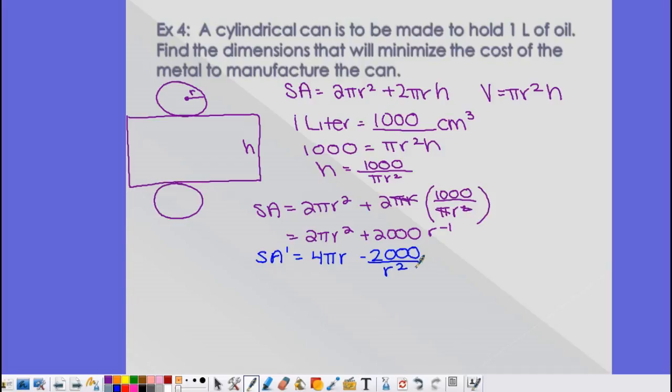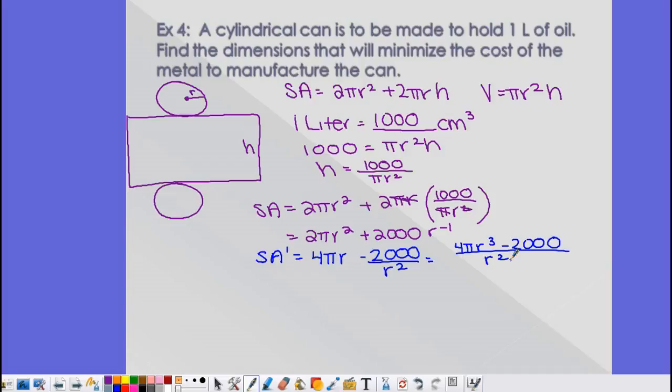So once again, we like to create a common denominator, because we don't care about the zeros of the denominator. It makes finding the zeros of the numerator easier. So that means we need an r squared over here, so we end up with r cubed.